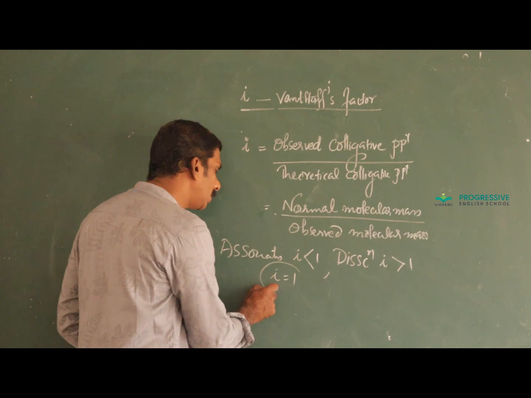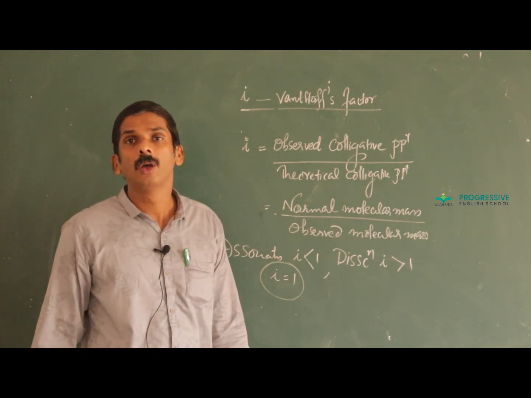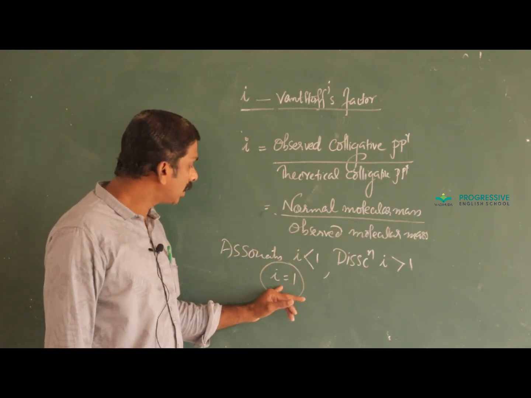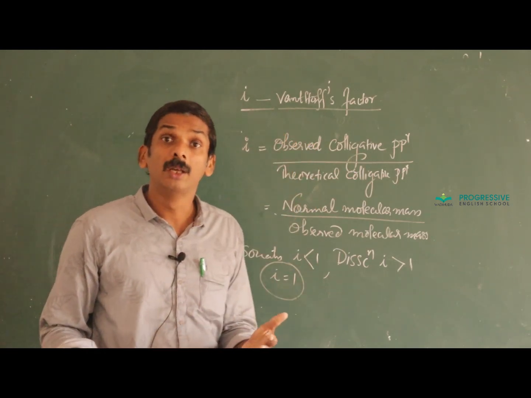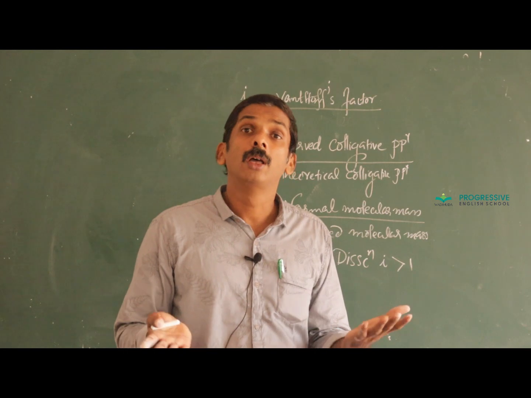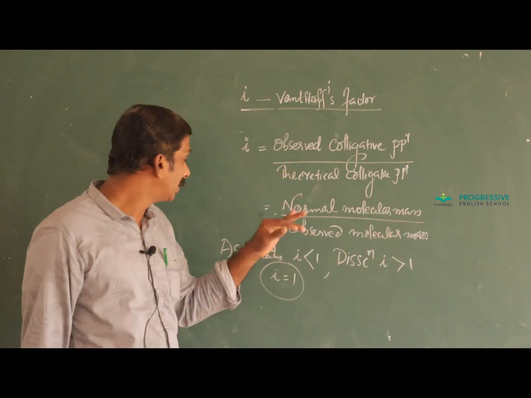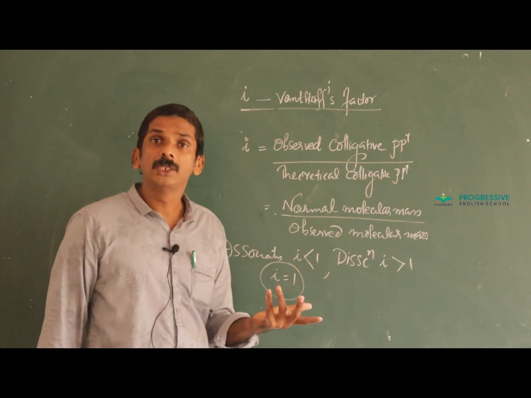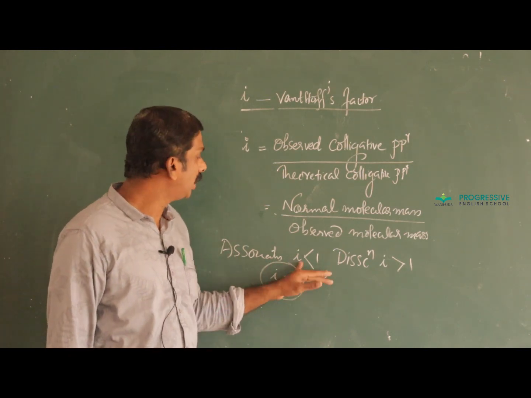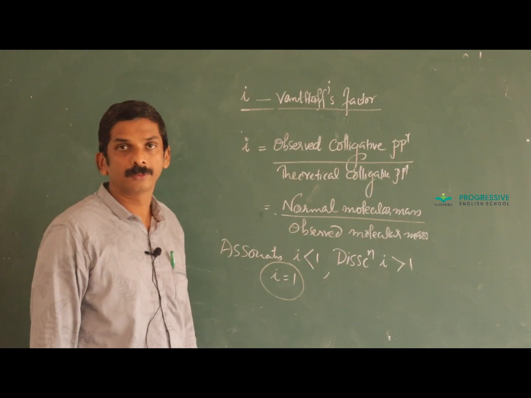For such a species, i value equal to 1. By predicting the nature of i, that is Van Hoff factor, we can predict whether an electrolyte or a species undergoes association, dissociation, or neither, by simply taking the i value. Okay.